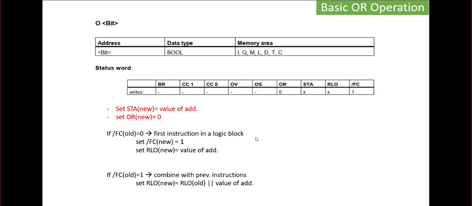So our instruction is the first, but as we said, it doesn't have to be the last. And our logic block is started here where FC was put to 1. Now, since it is the first instruction, the value the instruction pushes into the RLO will need to be the same value stored in the address that is passed to the OR instruction.